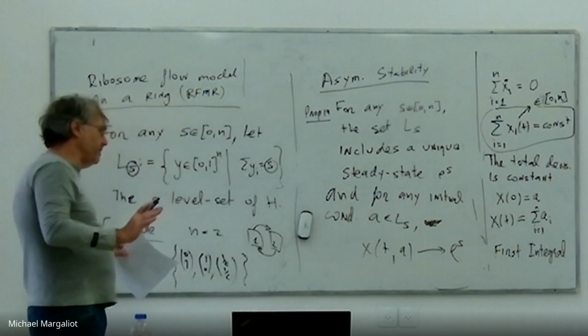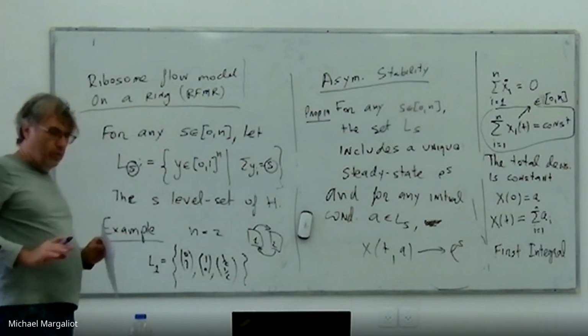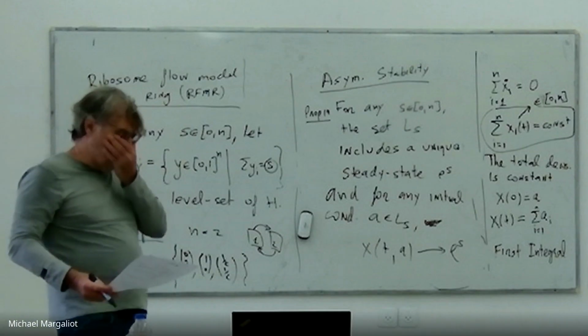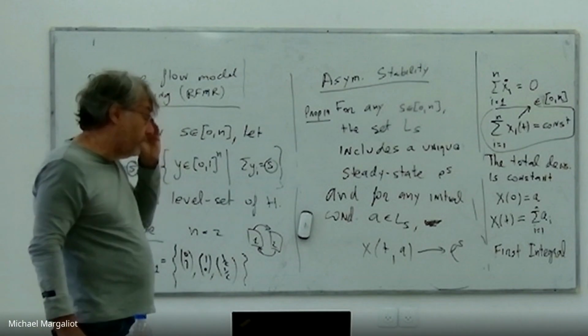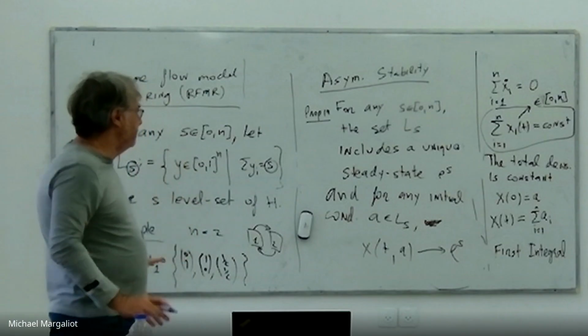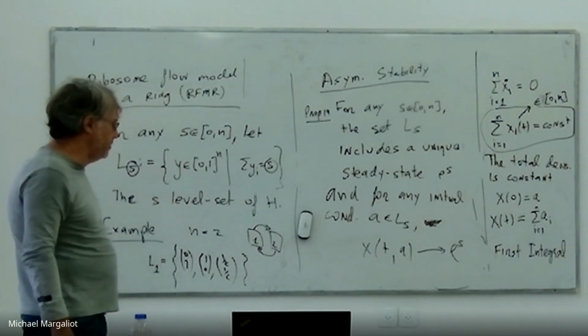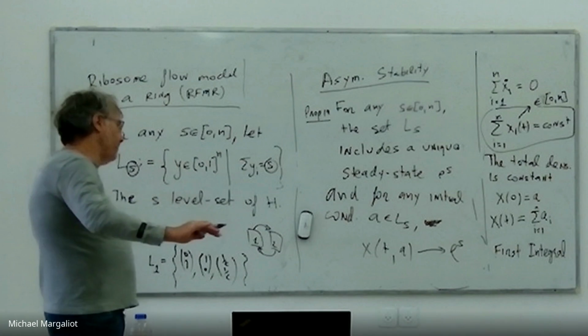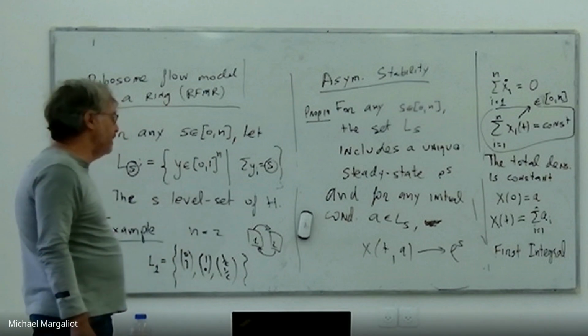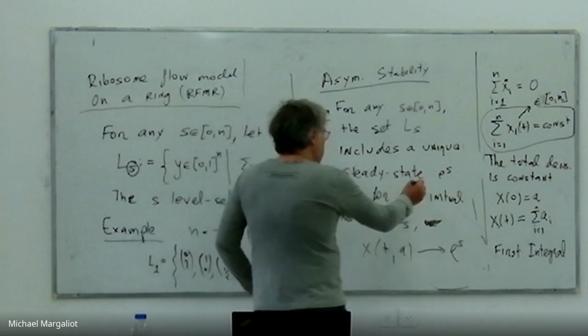So we fix an initial condition on this manifold LS, and then for any such initial condition, it will converge to this unique steady state on LS, which we call ES.